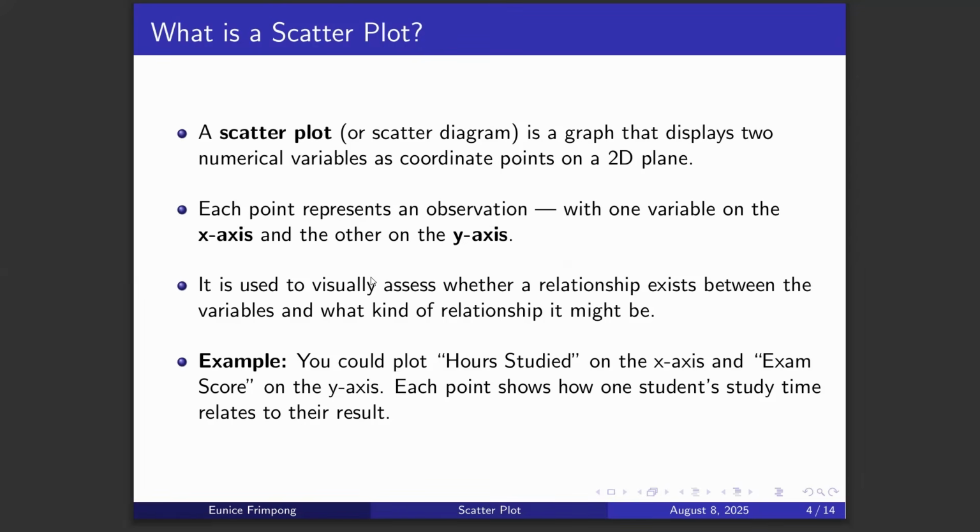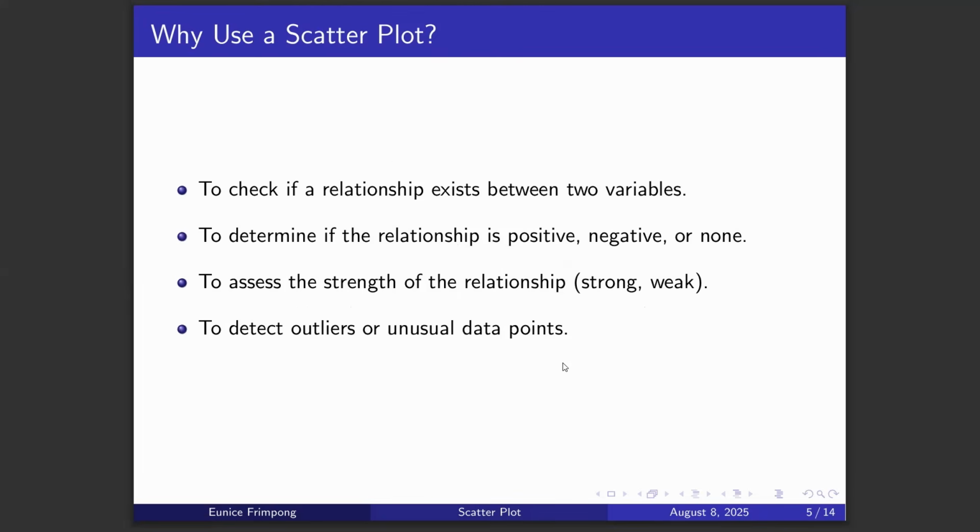It is used to visually assess whether a relationship exists between the variables and what kind of relationship it could be. For example, you could plot hours studied on the x-axis and exam score on the y-axis. Each point shows how one student's study time relates to their end of semester results.